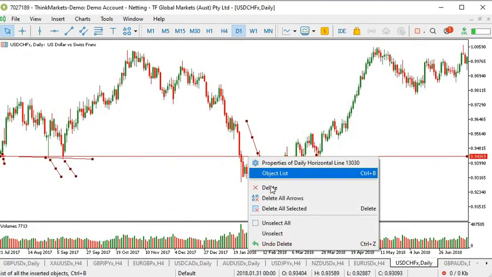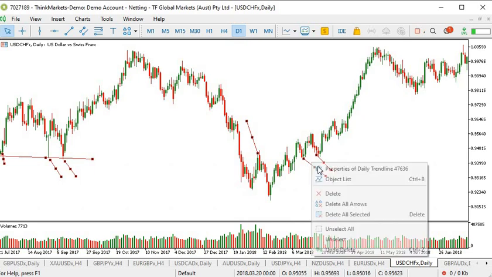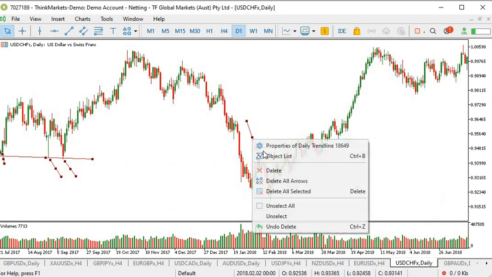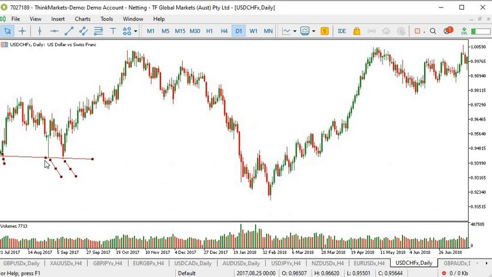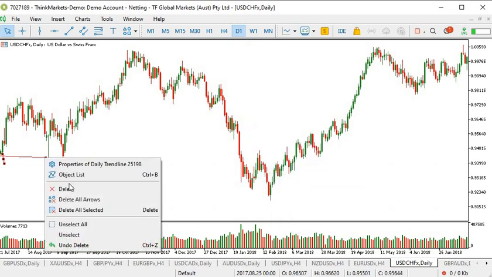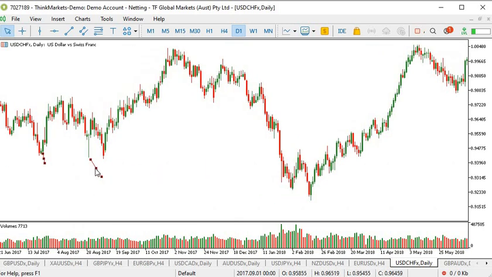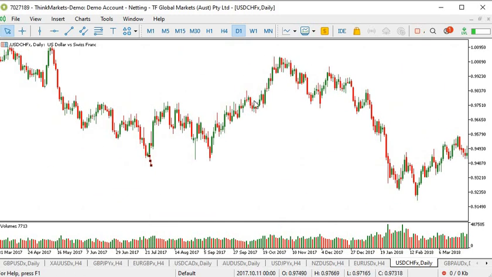Let me remove it first. This was the example which I discussed when discussing the first point. Let's say I draw a zone at this point, at this level.